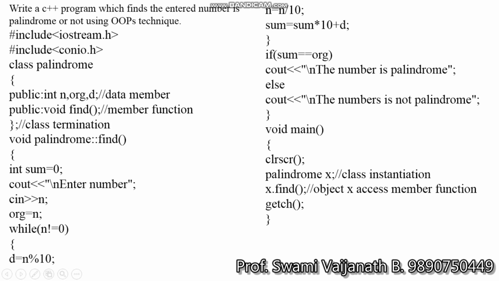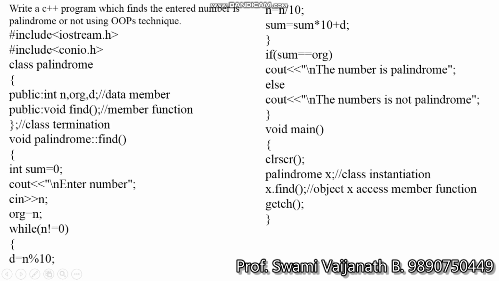Here in the program, void find is a member function which is declared in the class, and the class is terminated, and the function is defined outside the class. It accepts the number, and the while loop separates each digit, multiplies sum by 10 and adds each digit, that is, it calculates the sum, and if the calculated sum is equal to the original number, it displays the number is palindrome, otherwise not palindrome.